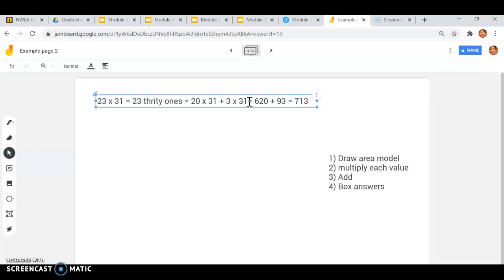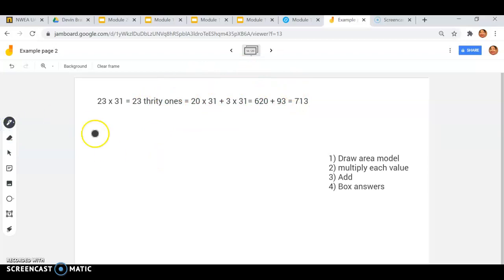Okay, so looking at what we had learned in lesson 4, we're now going to move to lesson 5, where we're going to be using our area model, and we're also going to see how that relates to our standard algorithm. It's a lot like what we did in lesson 4.